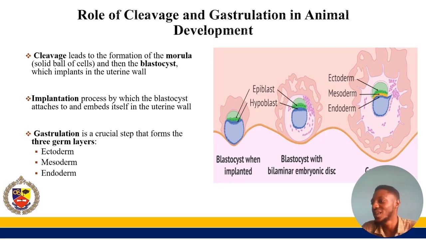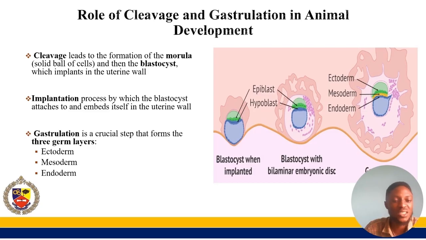The zygote undergoes divisions to form a solid ball of cells called the morula, as I said earlier, and this division continues to form a hollow structure called the blastocyst, which consists of the inner cell mass. This blastocyst then implants itself in the internal wall, and this process is called implantation.